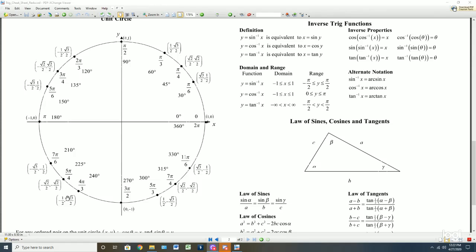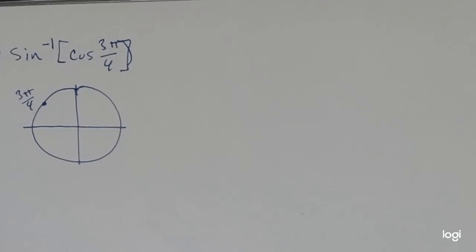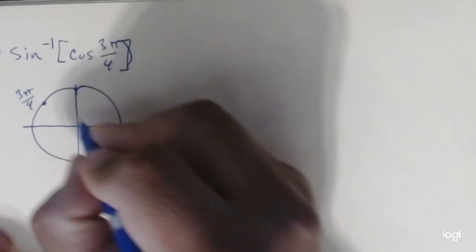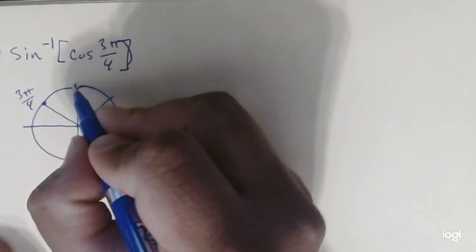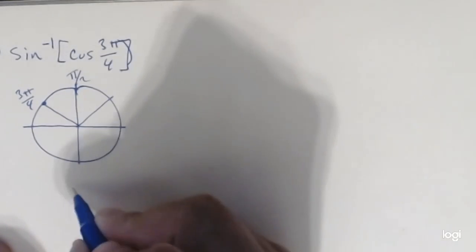So where's 3 pi over 4? Here it is, right here. Okay. So again, this is not in our portion, right? So there's 3 pi over 4. So we're going to do the same thing we did on the opposite end, right? So breaking this up into 3 parts. Here's that portion. Sine inverse goes from here to there.